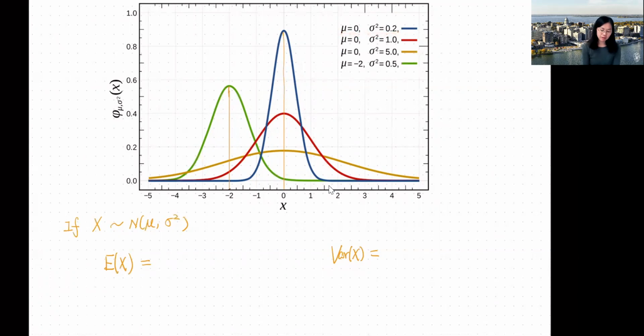So in this graph, we have 4 density functions pictured. The red curve is the probability density function for the normal distribution with parameters 0 and 1, and that is this density function.